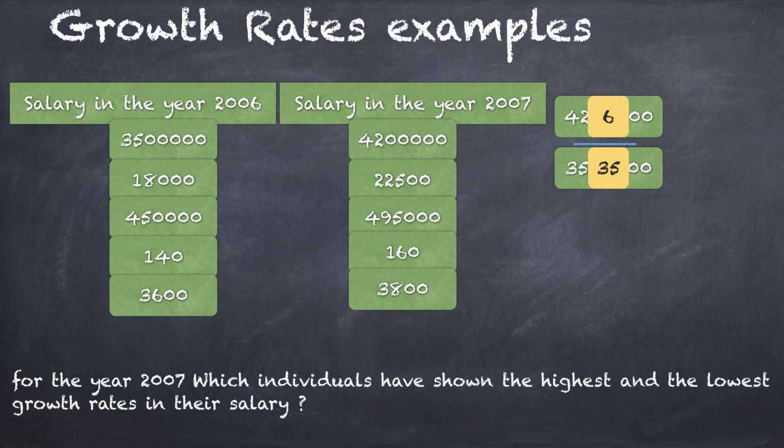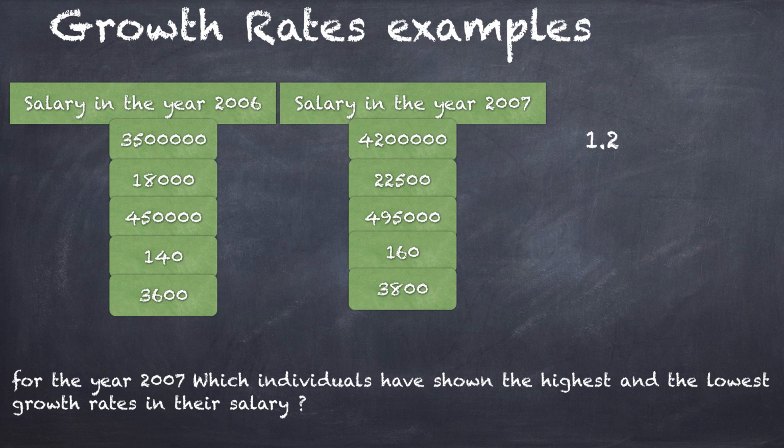You can also say the multiplying factor for the old salary, that is 35 lakhs, is 1.2 to get to the 2007 salary. That is, if you multiply 35 lakhs by 1.2, you will get 42 lakhs. I hope you can connect it with your percentage learnings earlier.